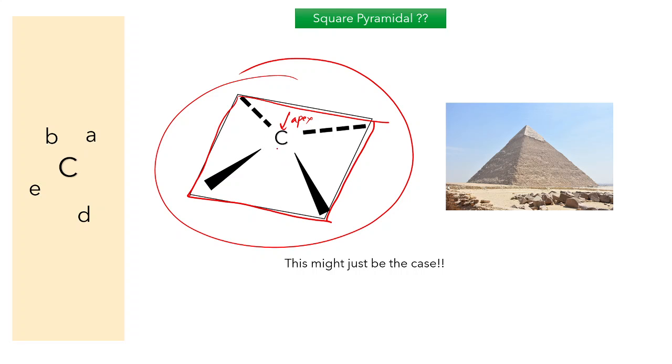And C is not on that base, it is on the top, somewhere like here. Let's say if A is here, it means A is here, if B is here, it means B is here, if D is here, then D is at the bottom, on the back actually, which I can't show, and if E is here, E is here. So this is how I will represent a square pyramidal shape.